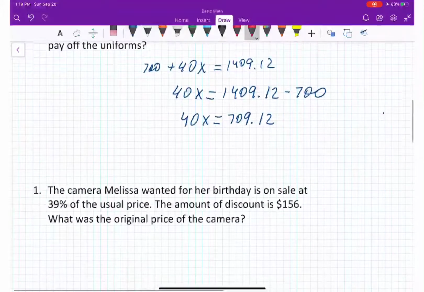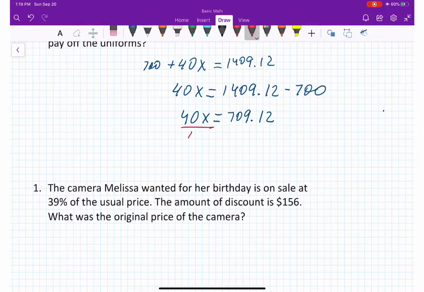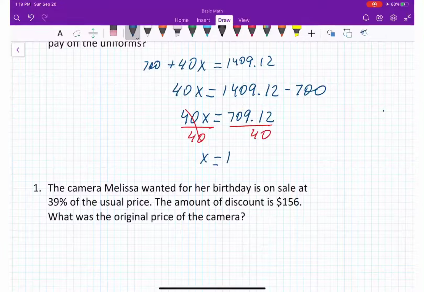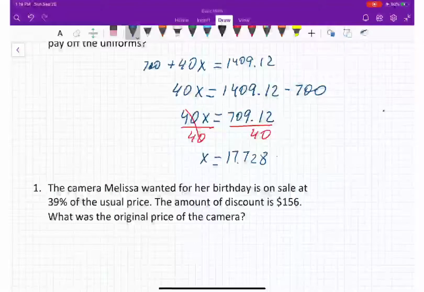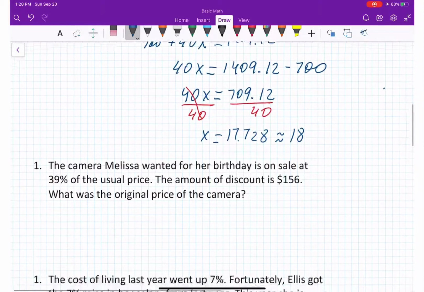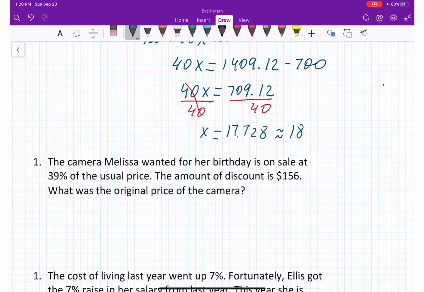And if we divide by 40 here, 40 here, X is equal to 17.728, which is approximately 18 weeks. Okay, moving to question number 3.